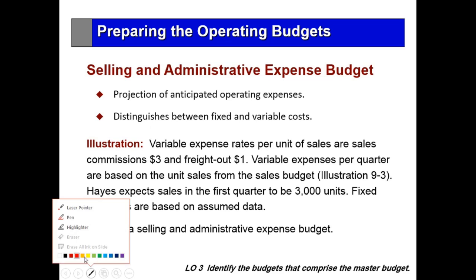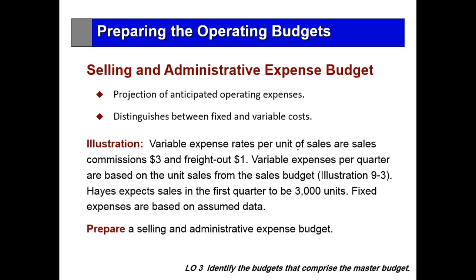Note that the rate is per unit of sales, not unit of production. Units of production is for manufacturing overhead, for the manufacturing elements, but for selling and administrative we mainly can use units of sales.